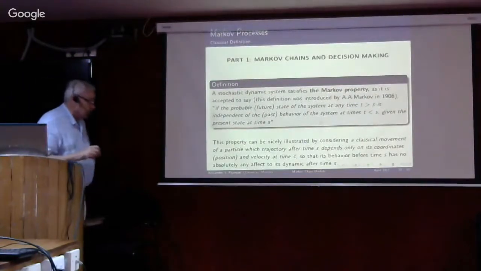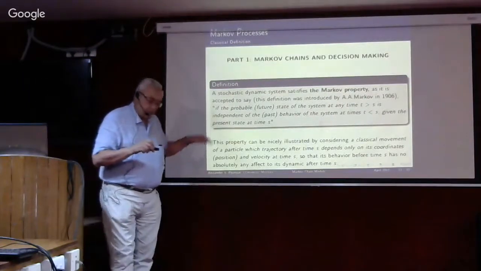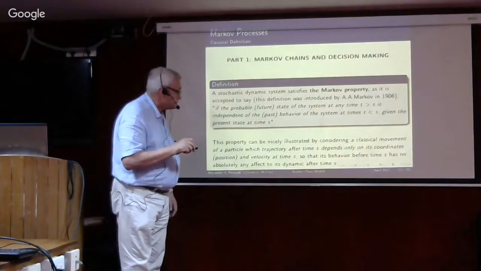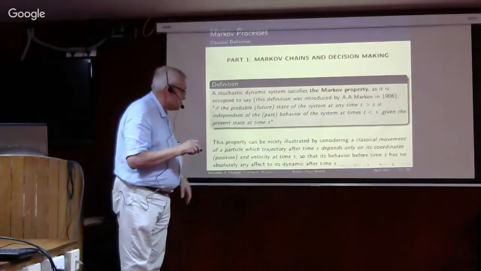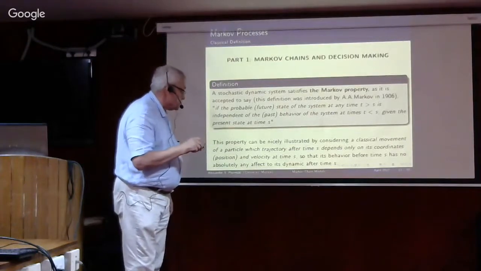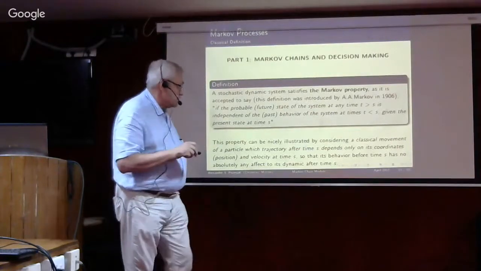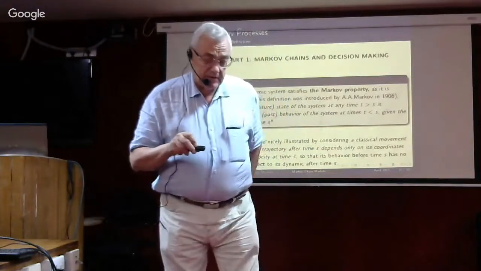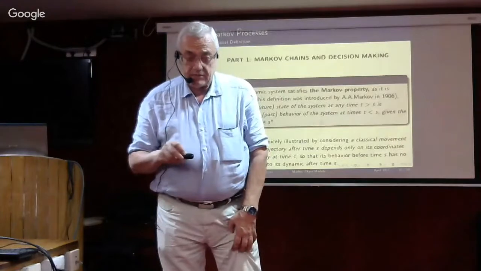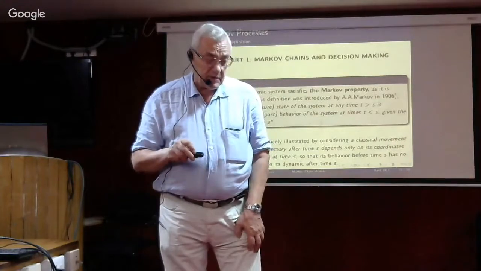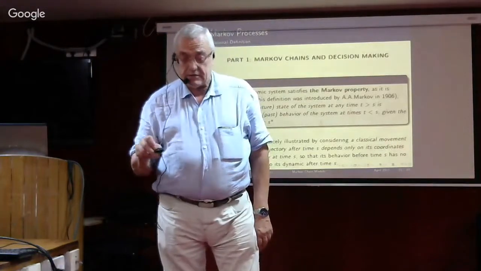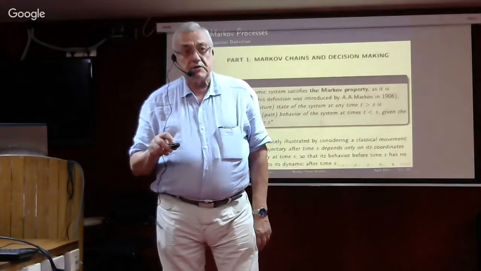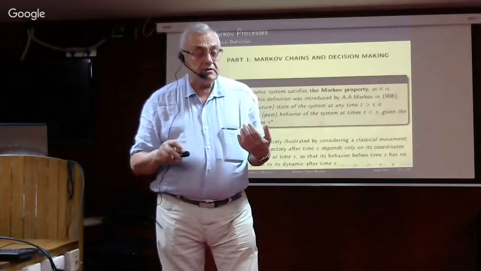Now, what are these Markov chains? The definition was given by Alexander Markov in 1906. You know, that's a famous scientist. We know the Markov inequality, Markov processes, and so on. So Markov processes, it means, again, Markov chains, the same.